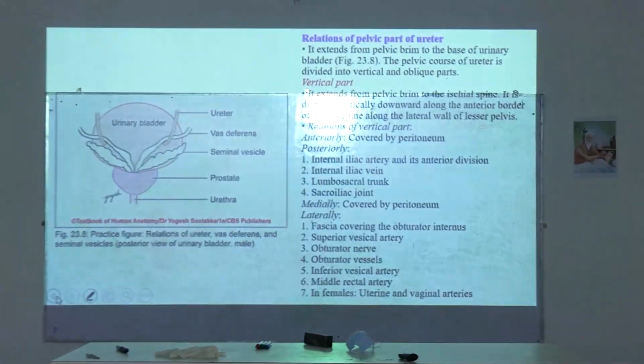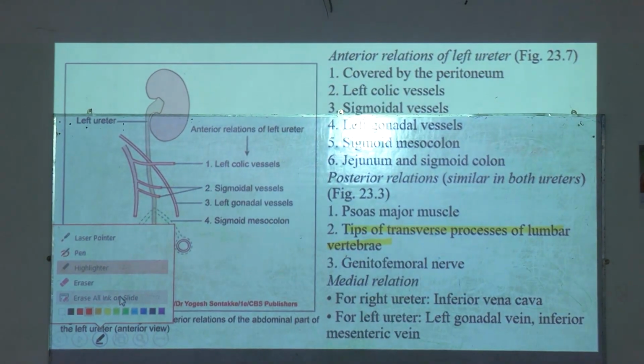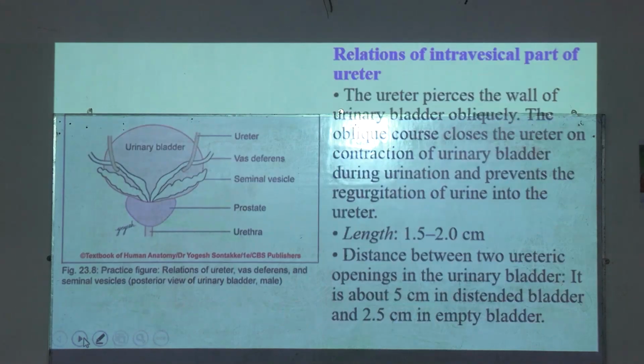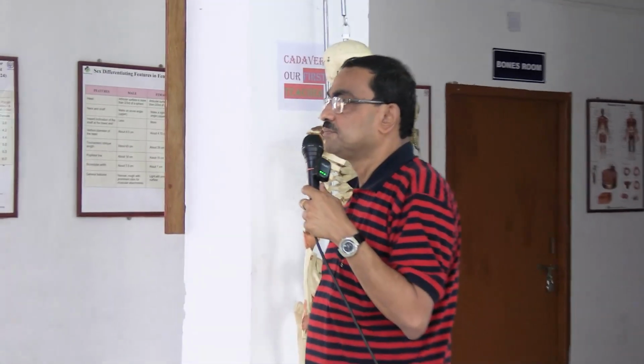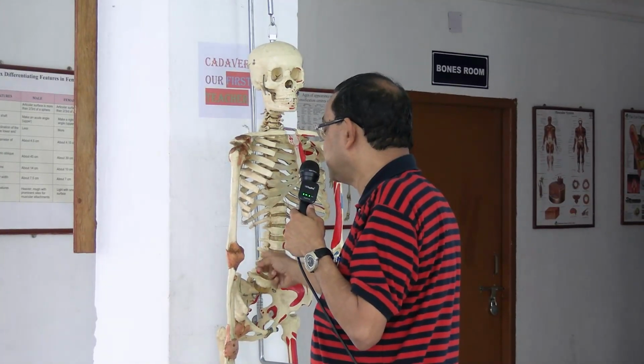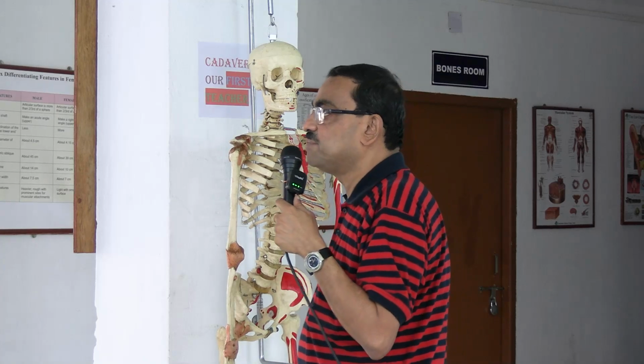So unnecessary separation of the peritoneum during the surgery is not acceptable. It can affect the blood supply of the ureter. The arteries are forming ascending and descending branches, and linear we are getting arterial supply.